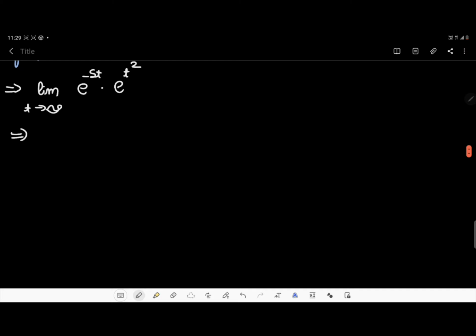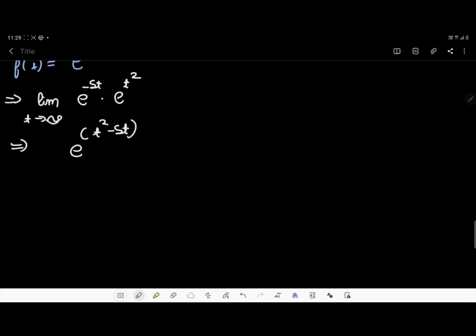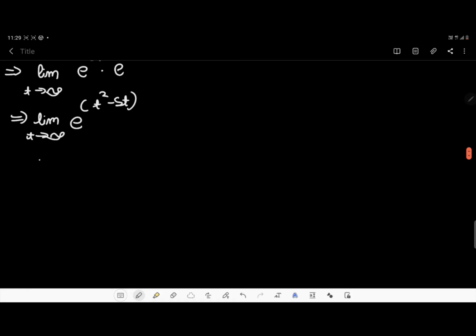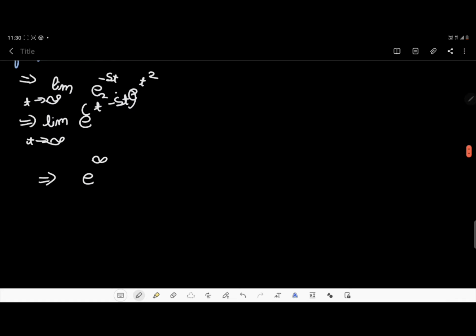Now you can use the indices rule and add them. So this will become e raised to power t square minus st, and the limit is again t to infinity. Now if you substitute the limit, this will become e raised to power infinity, and e raised to power infinity means infinity only.